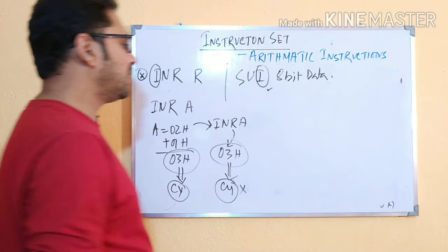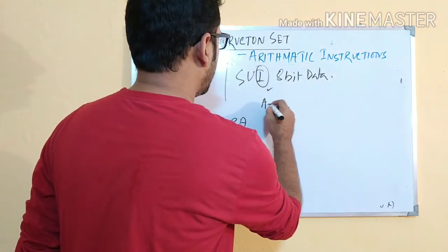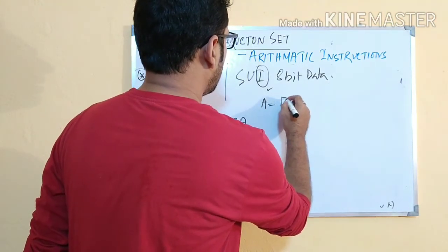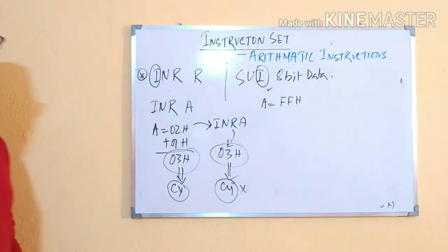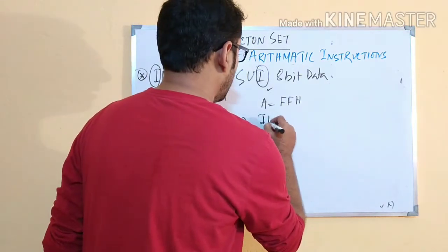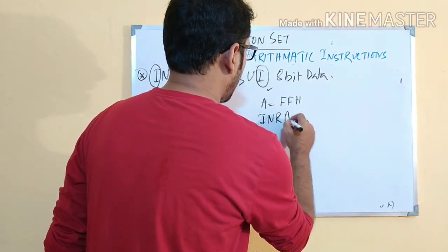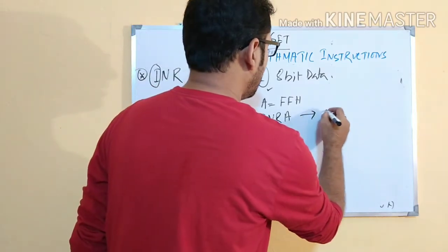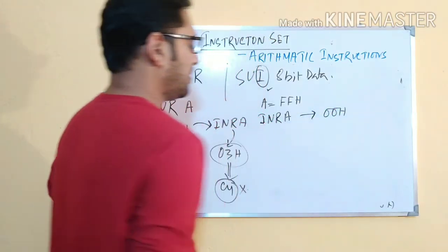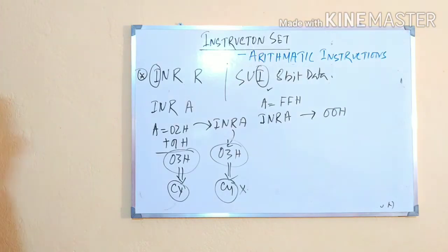For example, suppose the content of accumulator is FF hex. If I perform this one, increment A, then what will be the result? The result will be 00 hex. I don't know whether you can understand it.